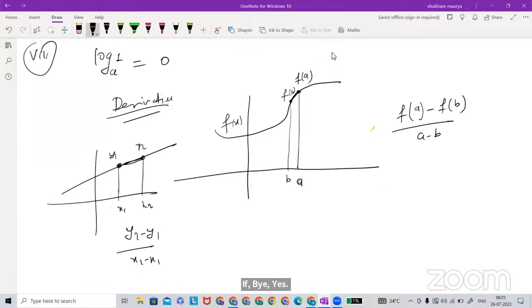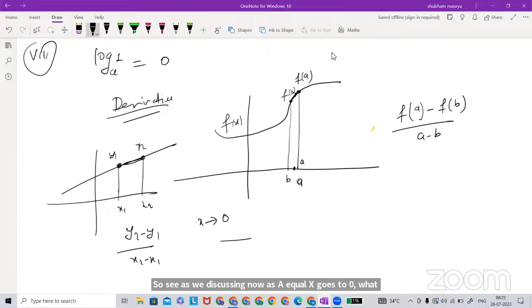But can we take a point very close to a? As we discussed, when x goes to 0, we are talking about a number very close to 0, giving an input very close to 0.